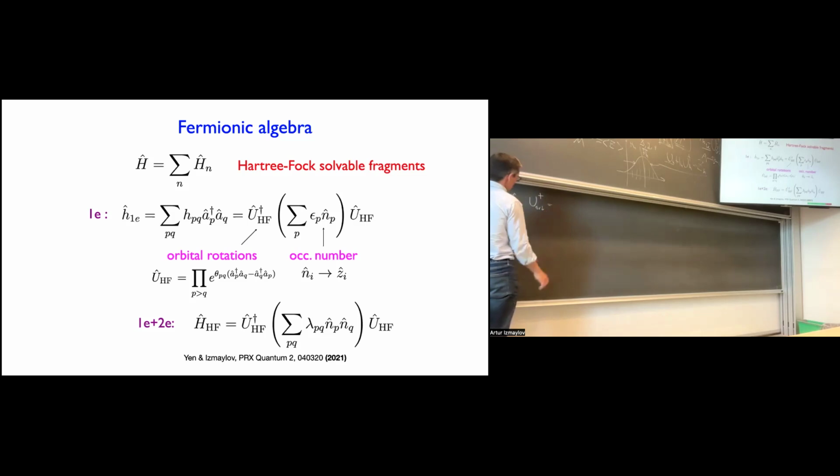Generally this operator will be a sum over PQ of alpha PQ times E PQ, where the E PQ operators are just a dagger P, a Q. This is generally true.